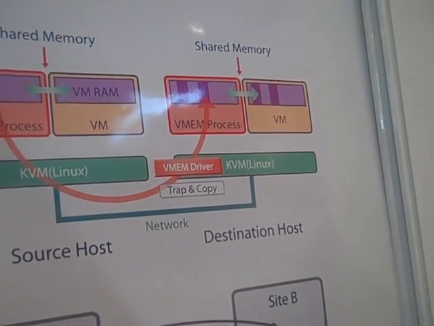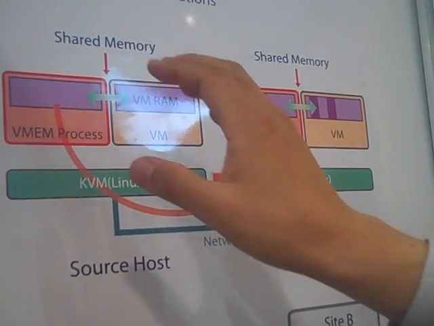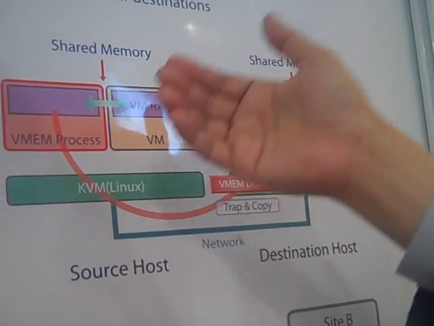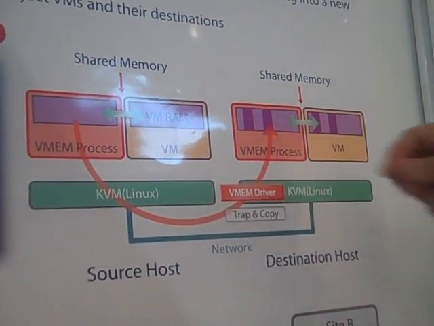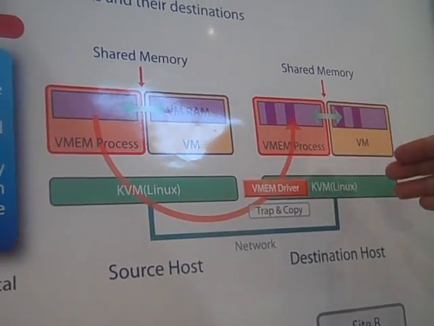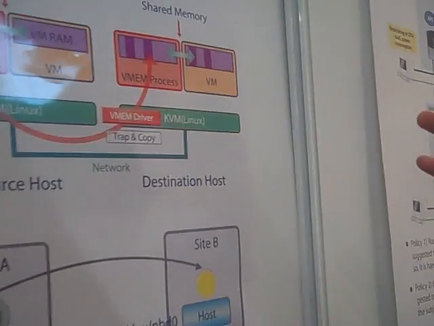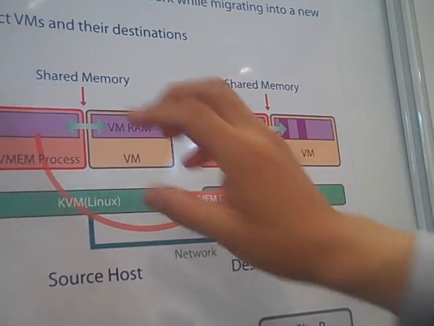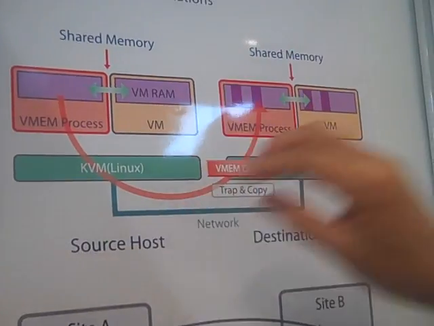Once you have decided where to move the virtual machines, you can freeze the virtual machine at the source site, then transfer it to the destination site, and then resume it. But this usually requires quite a large memory transfer capacity, so you will feel some latency while copying the images from the source to the destination.